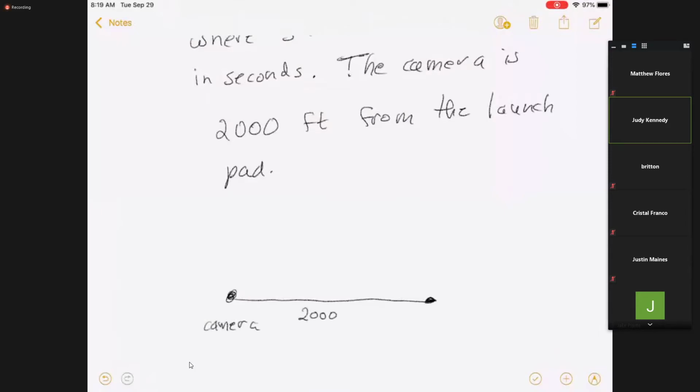And the rocket takes off vertically and is moving up. Okay, so we have the height. Of course, this is changing. S here is changing. The 2,000 feet doesn't change, but okay, well, what's the question?